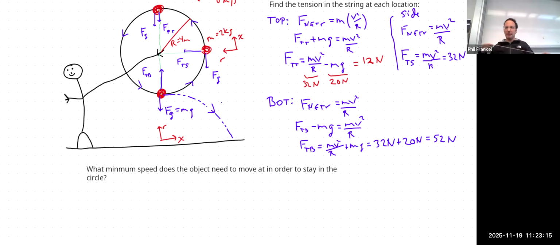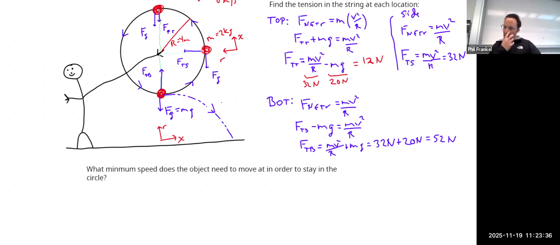But there is a minimum speed. This string is not going to break, so I can pretty much move it as fast as I want. But if I try to go too slowly, oh, it falls off. It doesn't complete the circle if it's moving too slowly. I need to make sure it's moving fast.